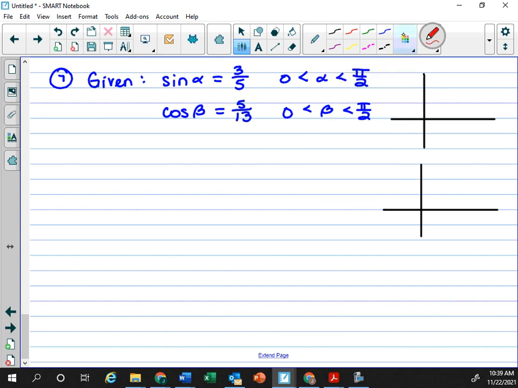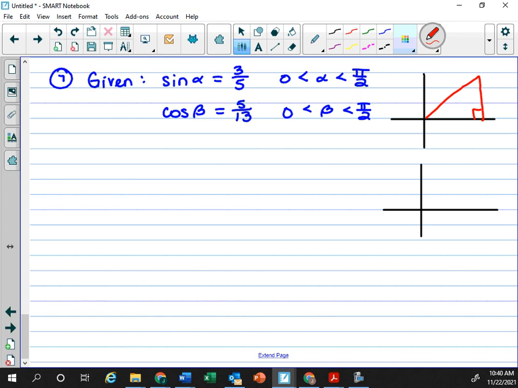Okay, let's look at the alpha part first. You're told sine of alpha is 3/5 and that alpha is between 0 and pi over 2. What quadrant am I talking about if I'm saying between 0 and pi over 2? Quadrant 1. We have to draw a triangle in quadrant 1 where the sine of alpha is equal to 3/5. So I'm going to draw a little right triangle in here, just like we did last unit. Right angle on the x-axis.